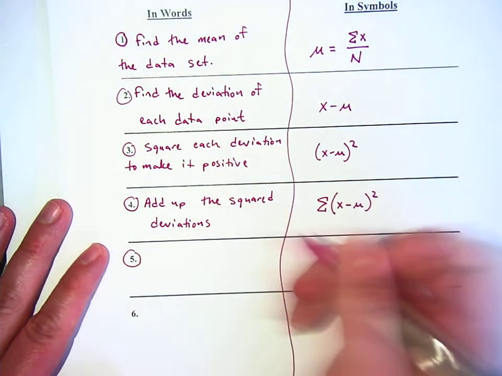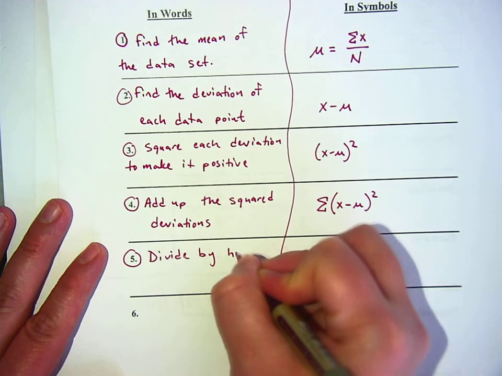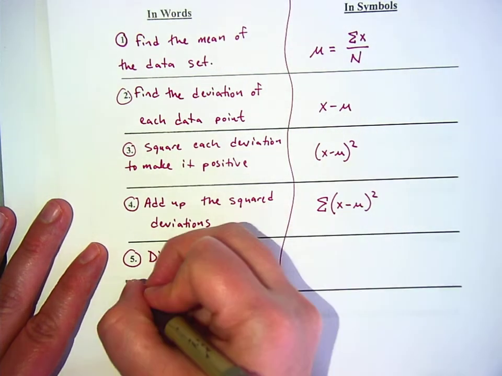Next step is to divide by how many data points you have.